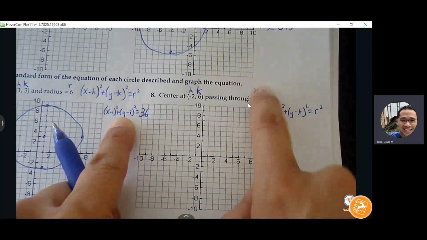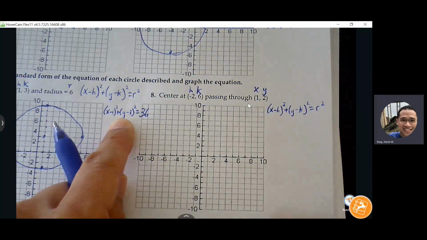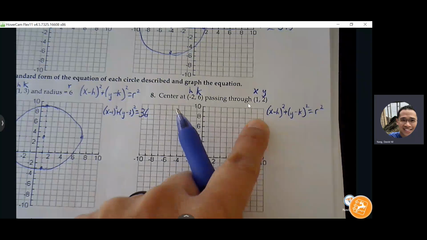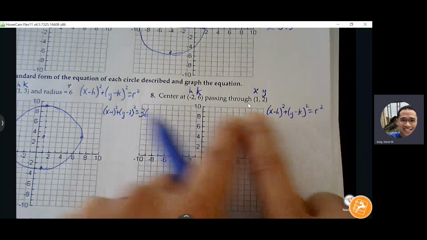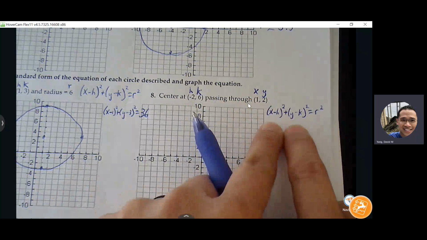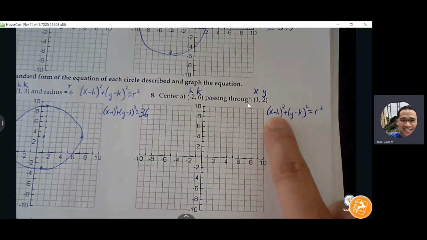Our standard form, and we can drop that (1, 2). That (1, 2) is no longer going to be used. Okay, so just like before, when we did that yesterday with parabolas, you don't change the signs for x, y. Change the sign for (h, k) in the formula, but x, y will stay the sign that you see there.